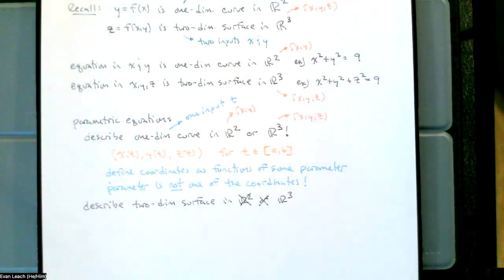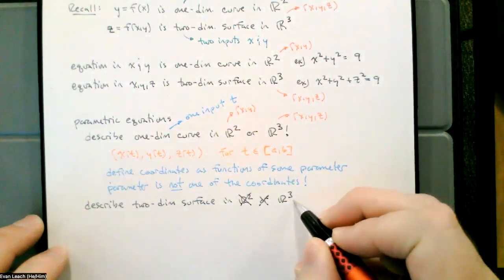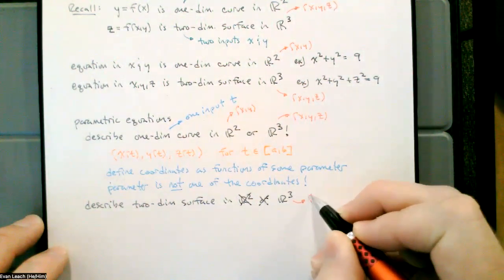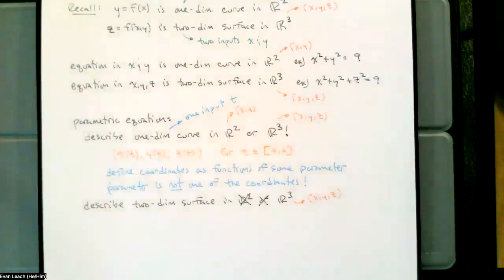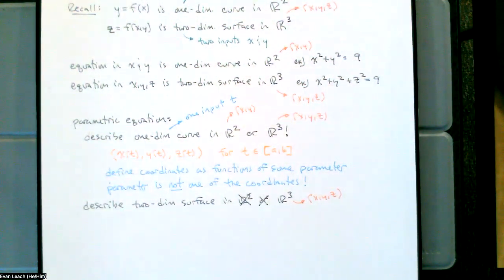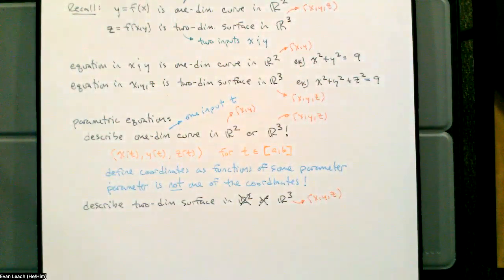Since we're doing something in R3, I need to describe a bunch of coordinates that are x, y, and z. If we're going to make a two-dimensional surface in R3, we'll need two parameters.